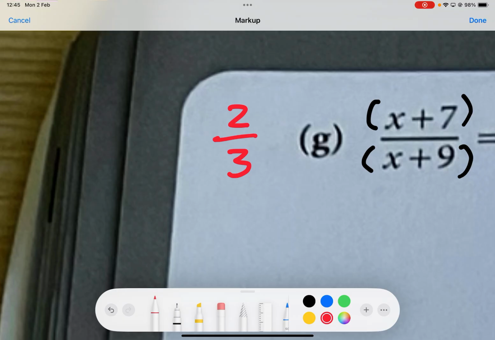I multiply by what will make the 3 disappear? Then 3 and 3 will cancel. Correct.